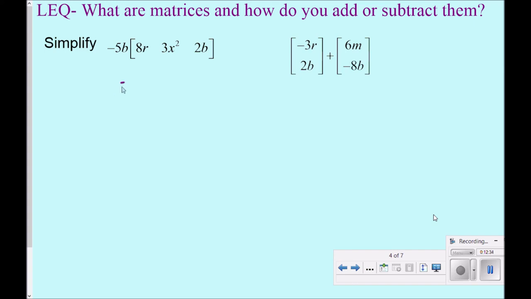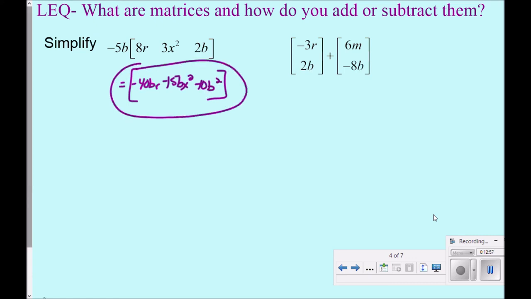So I'm still going to get a 1 by 3, and I'm just going to multiply -5b times 8r gives me -40br. -5b times 3x squared gives me -15bx squared. And last, -5b times 2b gives us -10b squared. Okay, which is our answer. So again, I just wanted to point out that sometimes you can have variables. The process is still the same.